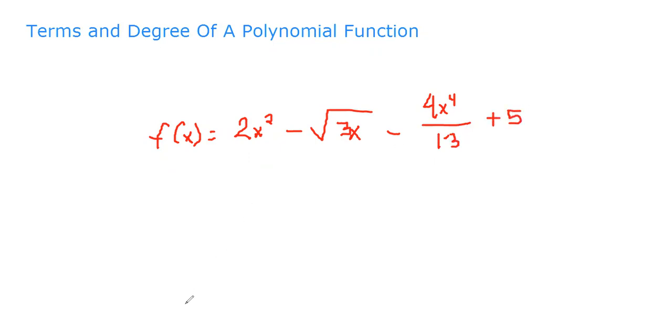Sorry, this square root of 3x is the square root of 3, but x is not included under the square root. Then x. So we have here 2x squared minus the square root of 3 times x minus 4x raised to the 4 over 13 plus 5.